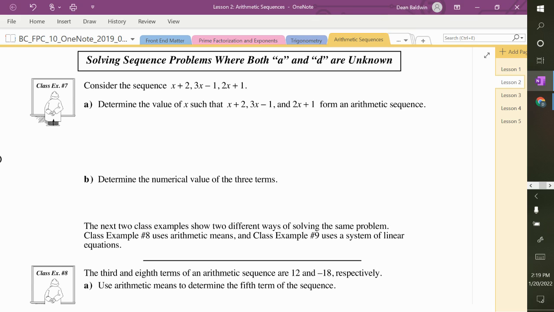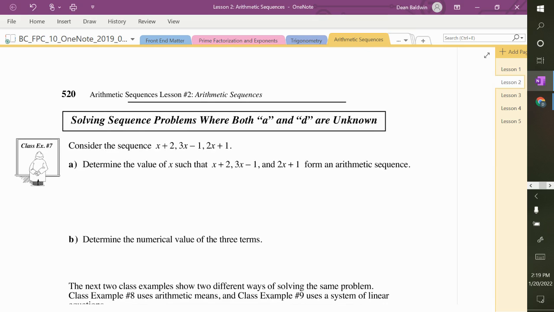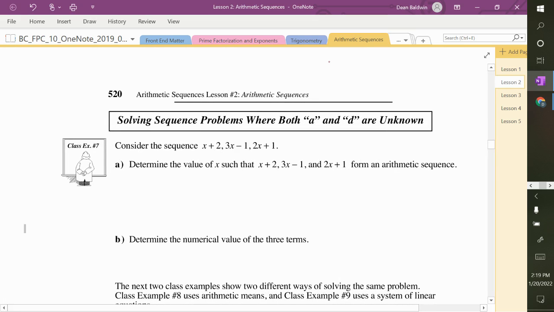Yesterday we learned that if you have a sequence, I'm just making this up, 1 plus 3 is 4, plus 3 is 7, plus 3 is 10. If I gave you that and I said, what's the common difference? 3. How do you find the common difference?